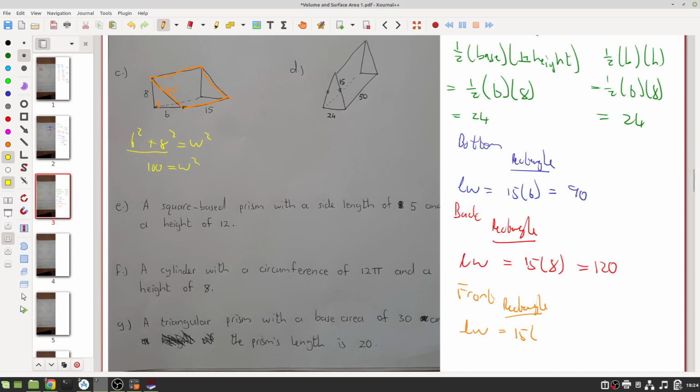So 100 equals W squared, and then we take the square root of both sides, so we get 10 equals W. So in our rectangle, length 15, width 10. 15 times 10 is 150.